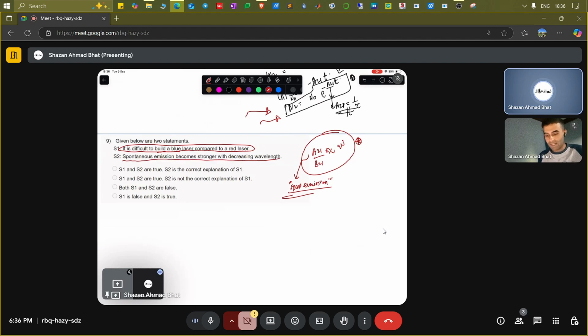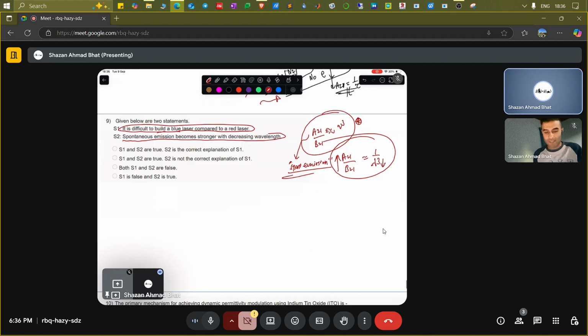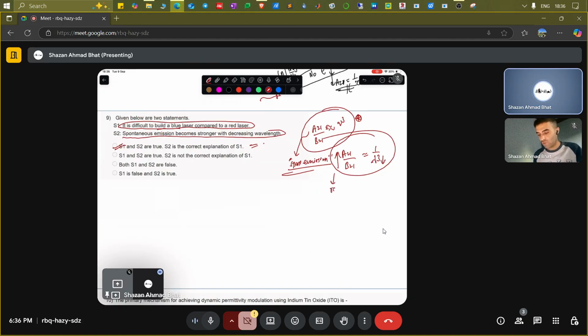Spontaneous emission becomes stronger with decreasing wavelength. A21 over B21 is approximately equivalent to 1 by lambda cube. So if lambda goes on reducing, this overall factor goes on increasing. That means A21 becomes huge for smaller wavelengths. So S1 is true and S2 is true, and S2 is the correct explanation of S1. This comes from just the ratio of Einstein coefficients.